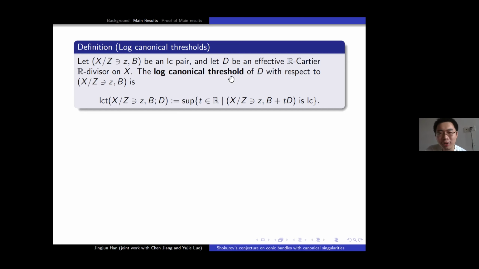Then the log canonical threshold of D with respect to this relative pair is equal to the largest number t such that (X, B plus tD) is log canonical. Again, this is similar to the usual definition of the log canonical threshold, but the difference is that I require log canonicity for this relative pair.